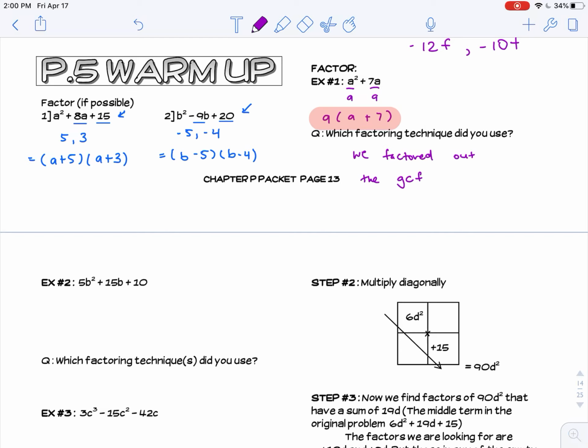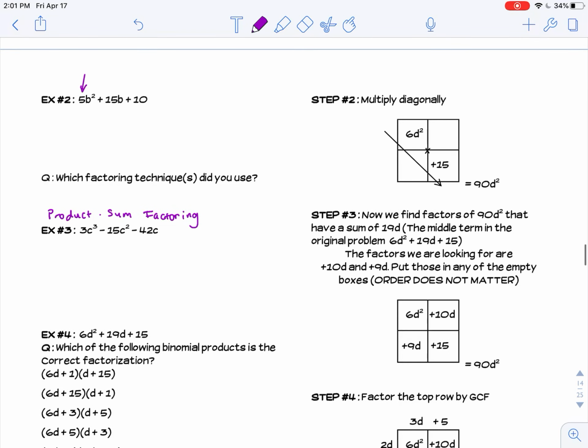So if we want to use product sum factoring here, we have to get this coefficient in front to be 1. Now, we can do that. How do we do that? We can factor out a 5.